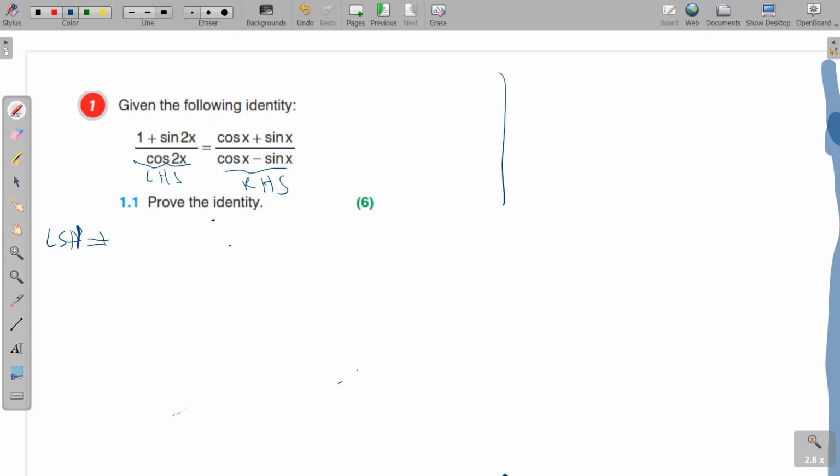I use both of them. But in general, always one side, sometimes from left to right, sometimes right to left, is easiest, so shortest. So you have to choose that. The general idea: choose the hardest side, always, the complex side. Don't start with the easiest part.